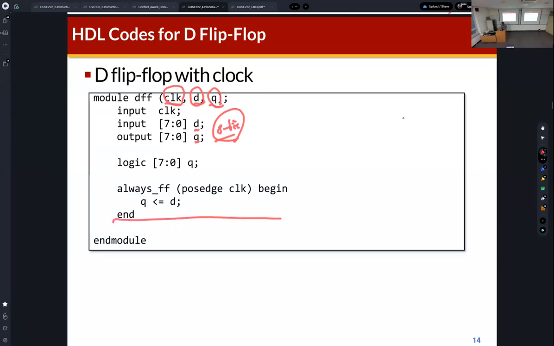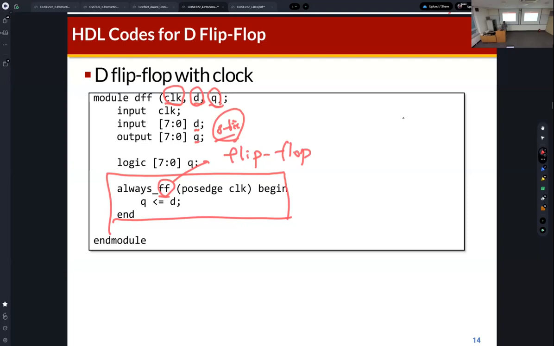This is the behavior of the D flip-flop. In order to implement a D flip-flop, we need to use always_ff. FF represents flip-flop. So you need to use always_ff, and then it works.